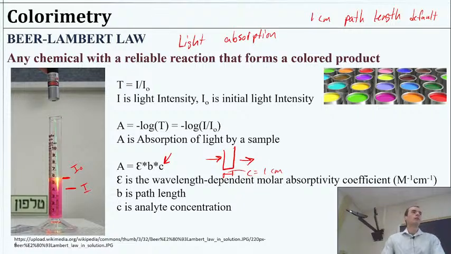You'll find that if you need to increase the power or the sensitivity of your analysis, maybe you can stretch that into 5 or even 10 centimeters, but you have to make sure you have a light powerful enough to send light through it. So you can manipulate that. I'm sorry, B is the path length.